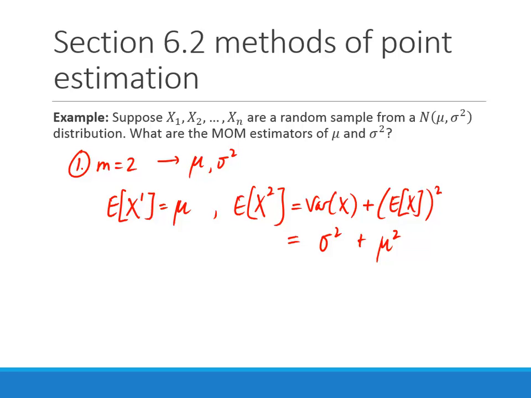Okay, yes sir. Could you find any other ways since you don't really have any sample data? Could you find the expected value of x squared, or would you have to use a shortcut? No, you could calculate that directly. That would just be the expected value of x squared, which is the integral from negative infinity to plus infinity of x squared times your PDF.